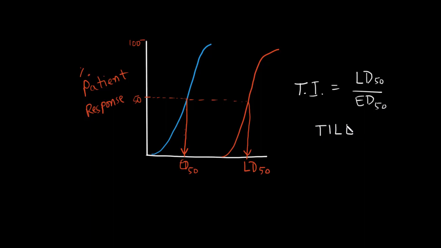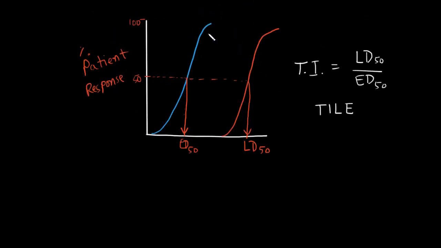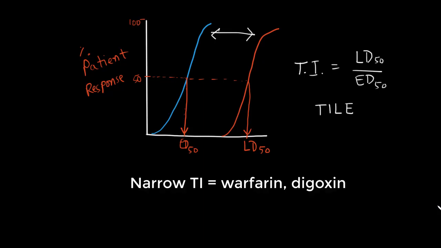If this ratio is bigger, it means the drug is safer. So therapeutic index is a measure of a drug's safety, and a larger value means the drug is safer. For example, there are some drugs like warfarin and digoxin whose therapeutic index is very small, so we call them narrow therapeutic index drugs.